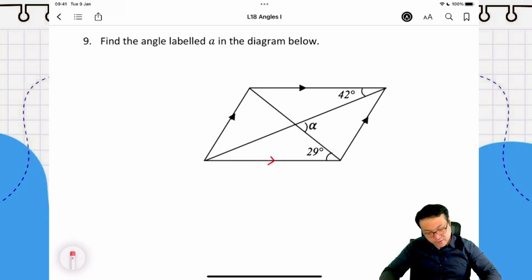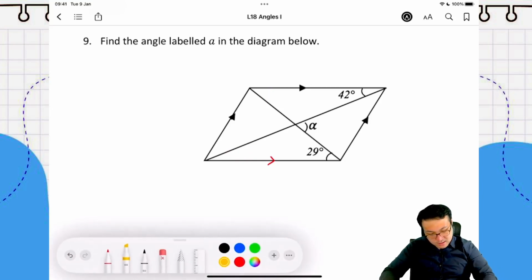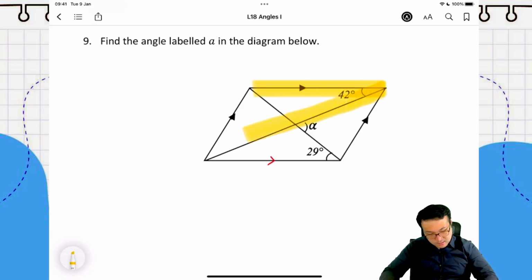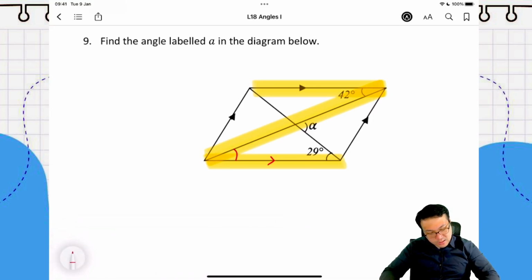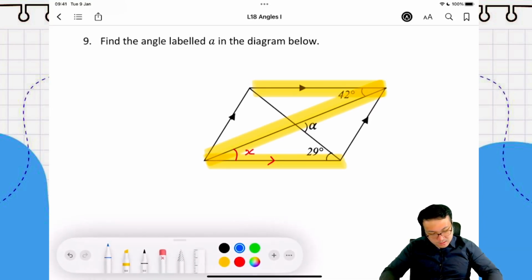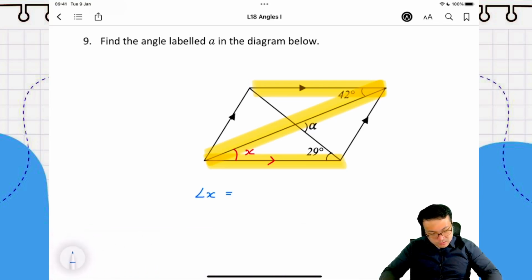Oh, so you straight away found this. So you drew a letter Z here, is it? Yes, very good. So let's call this angle X. So you say that angle X equals 42.